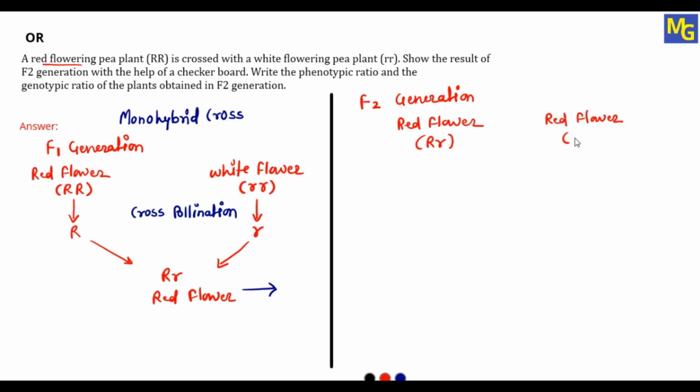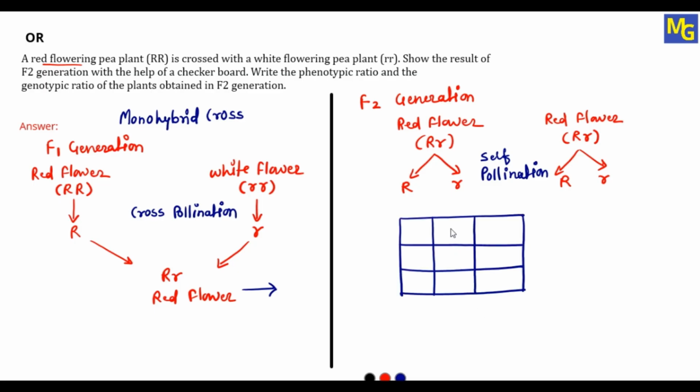This is also heterozygous. For this plant also it is capital R, small r. And now we have to cross these two plants. Now see, these plants are actually the same. So therefore here we can write it is self-pollination. Now this crossing we have to show with the help of a checkerboard.